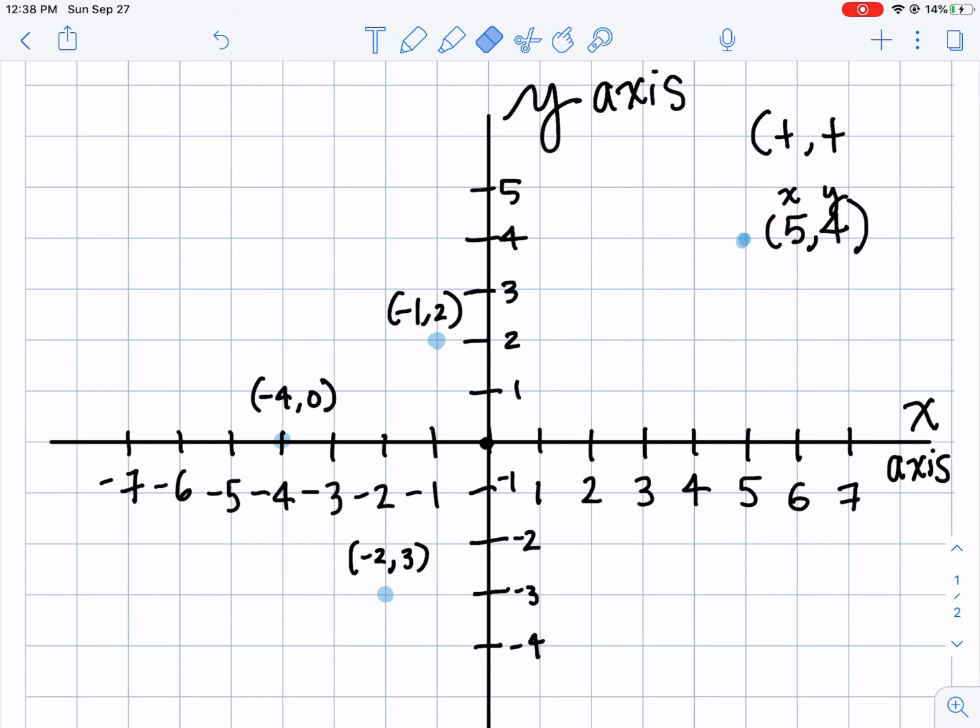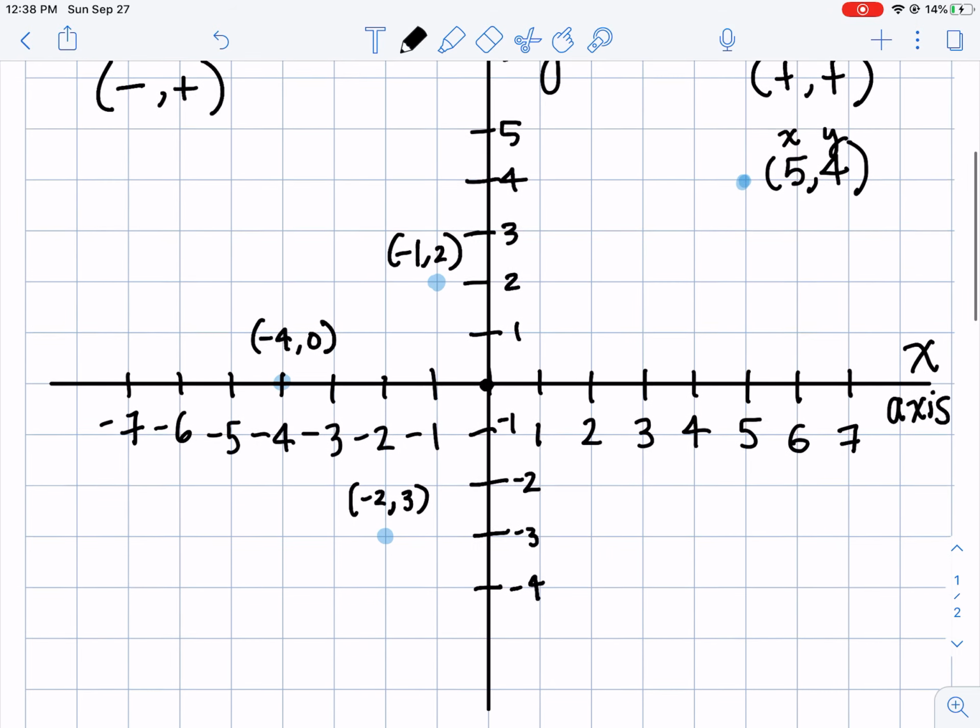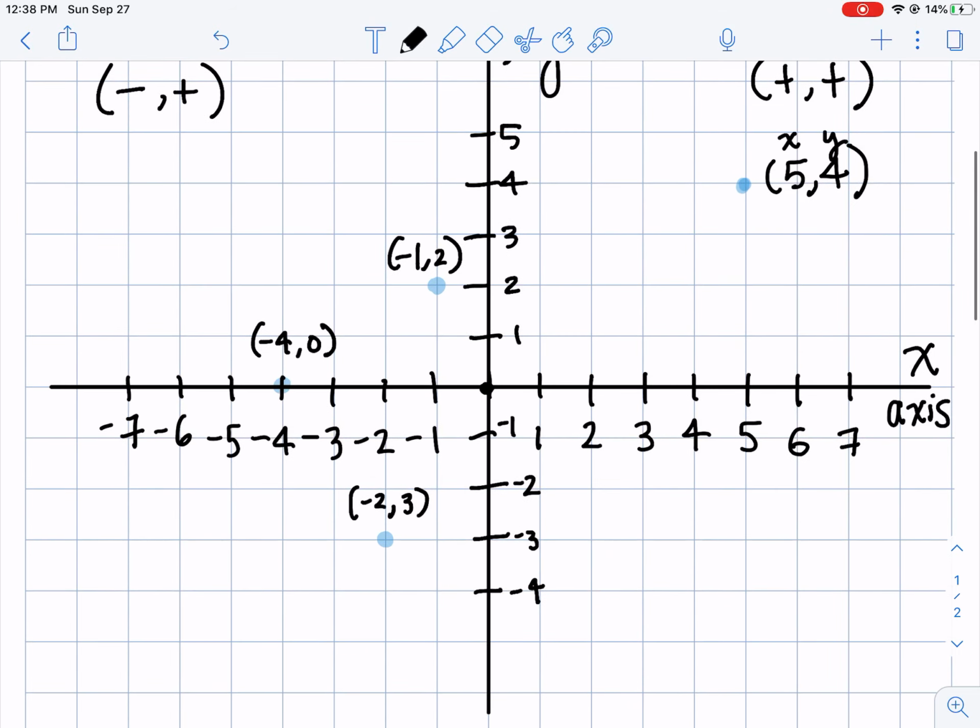And all of the numbers in this little box are going to be negative and then positive. I go back and then up. And all of the numbers in this box down here are going to be negative and negative. I go back 3 and down 4. -3, -4. Oops, I should have had a little negative right there.